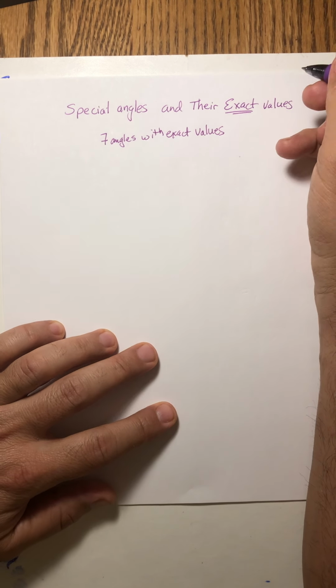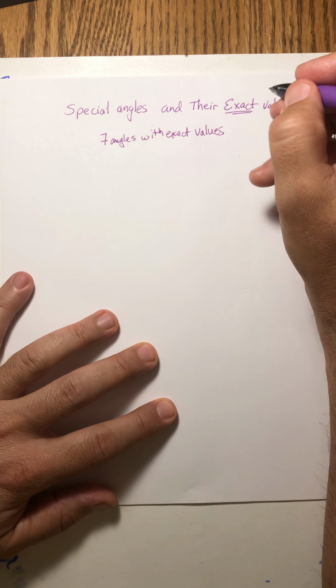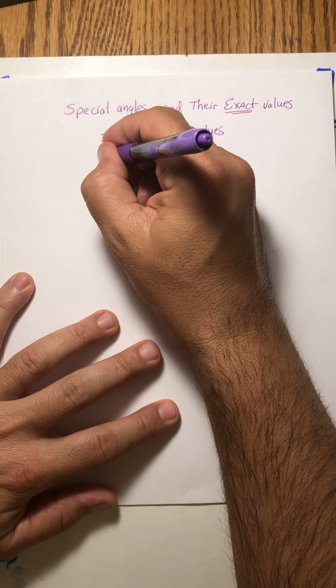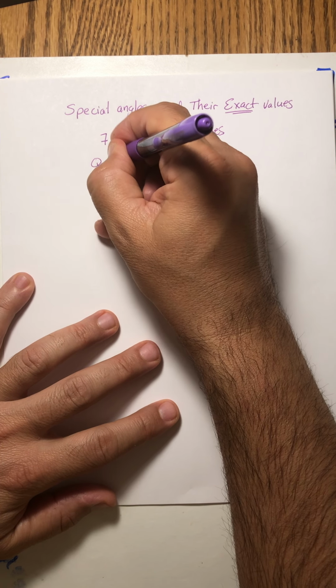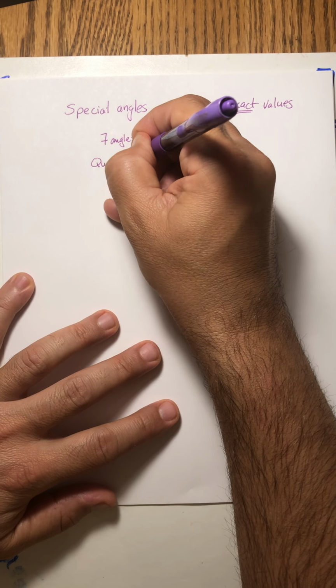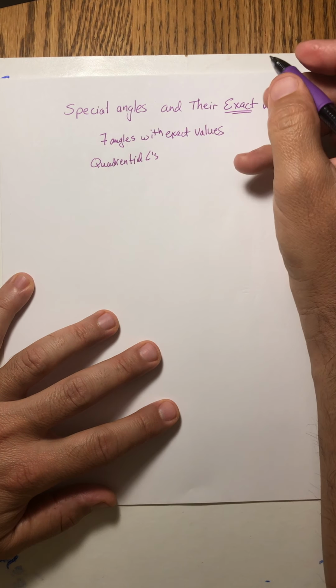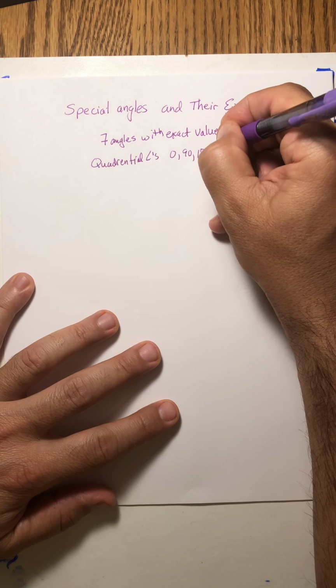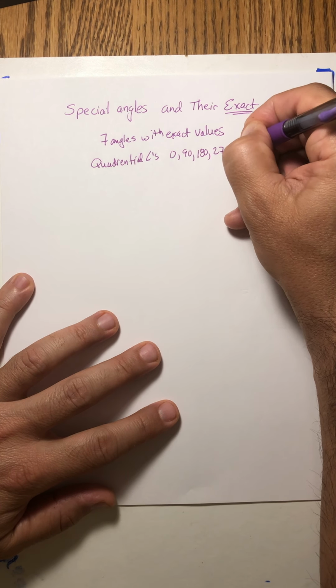Seven main angles. The first 4 are your quadrantal angles. Those are your angles of 0, 90, 180, 270, and if you want to say it, 360.